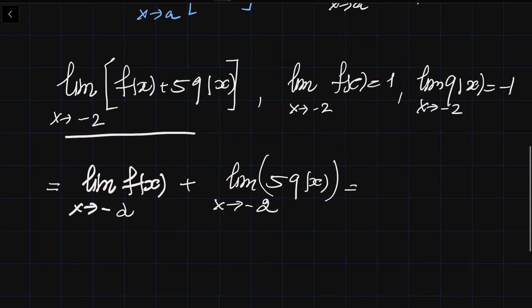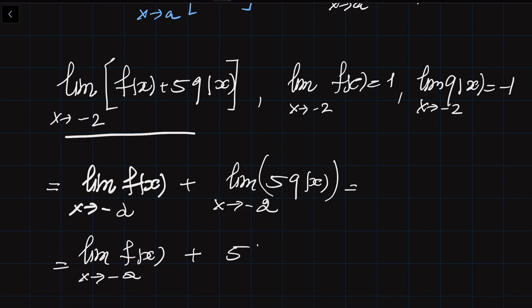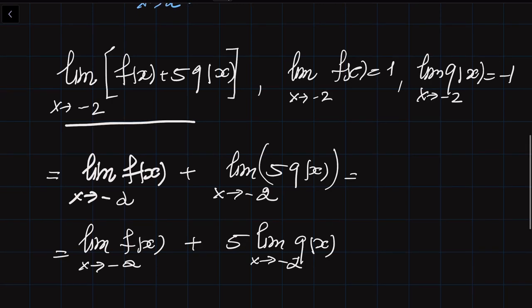At the same time, using the second law, we can take this 5 out of the brackets. It is going to be 5 times the limit of g of x when x goes to minus 2. Since we know that the limit of f of x is equal to 1 and the limit of g of x is equal to minus 1, I'm just going to directly substitute them in order to get the answer, which is equal to minus 4.